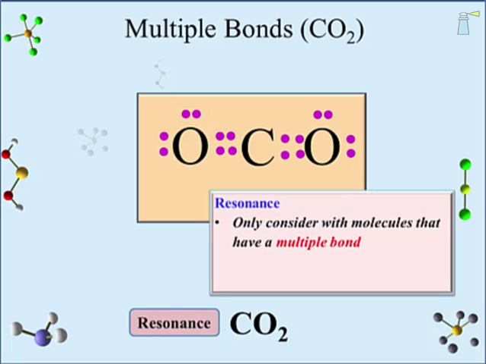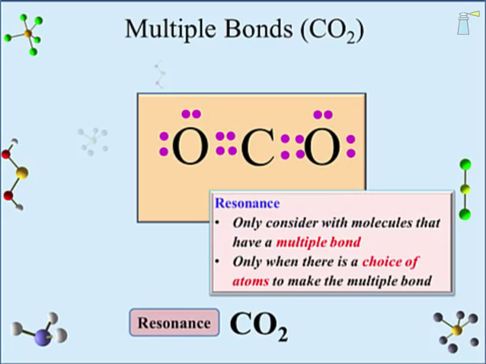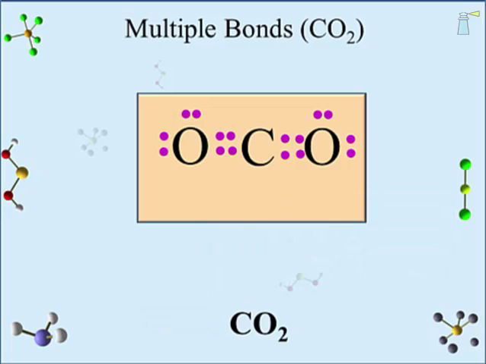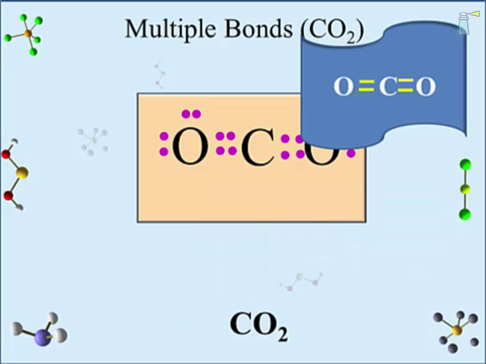CO2 does have multiple bonds, but there is no choice as to where those bonds can be placed. They have to be exactly where they are. So, no resonance, and we have our structure. Other representations include showing the double bond as 2 lines, and if we want to see all the valence electrons, we can add dots or lines to the oxygens.